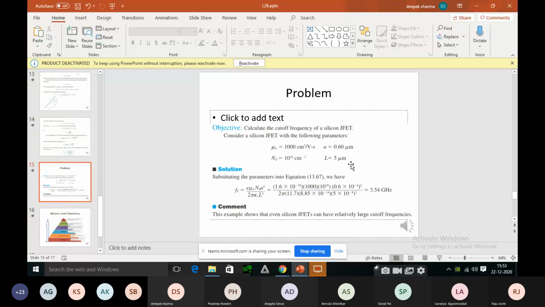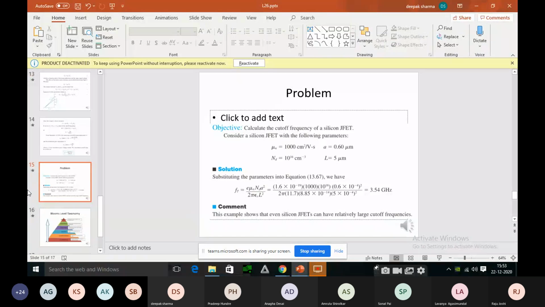Even one problem may be asked, if they ask the problem which is given in the textbook. If you remember the formula, then it is very simple and easy to solve. And if it is asked, it will be asked for 4 or 6 marks, at least for 4 marks.